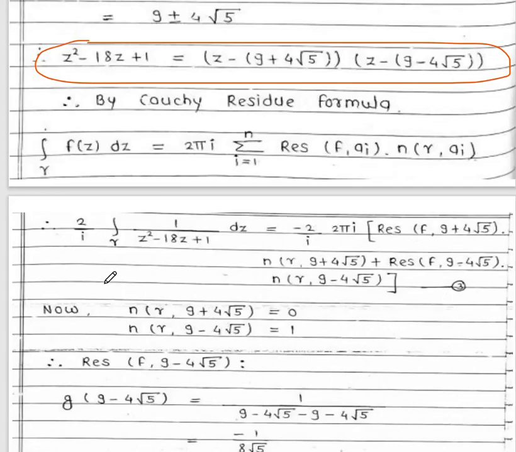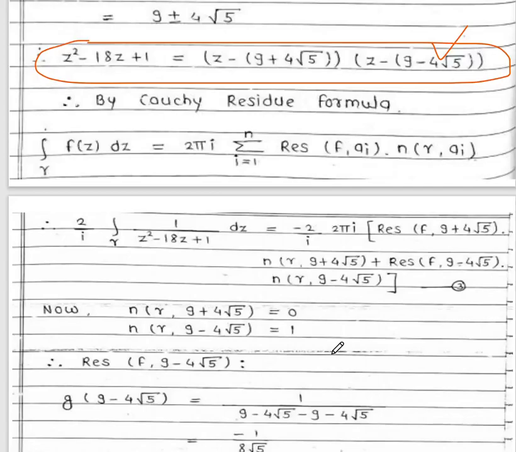Now we will multiply on both sides by 2i. So 2i upon the left hand side as it is, minus 2i times 2 pi i, residue of f at the first point, that is 9 plus 4 under root 5, times the index of closed curve gamma at 9 plus 4 under root 5, plus the residue at 9 minus 4 under root 5 times the index of closed curve gamma at 9 minus 4 under root 5. Now we will find the index of the closed curve. For the point 9 plus 4 under root 5, this lies outside of the unit circle and the value is 0.